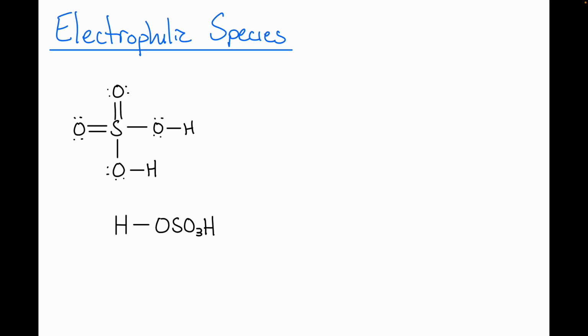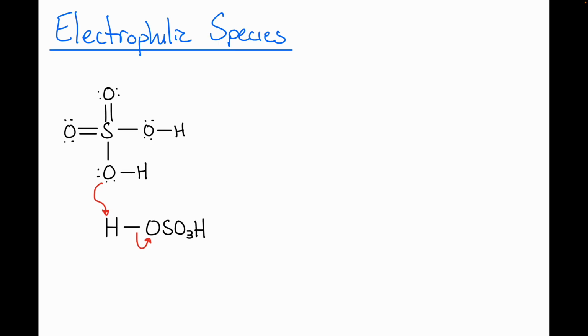And we're again going to do the same thing we did before, where we're going to protonate an oxygen in our sulfuric acid. Right? And you're again going to try to fill in our intermediate here, and then put in the electron pushing arrows for our final step. The formation of our electrophilic species, this thing here.